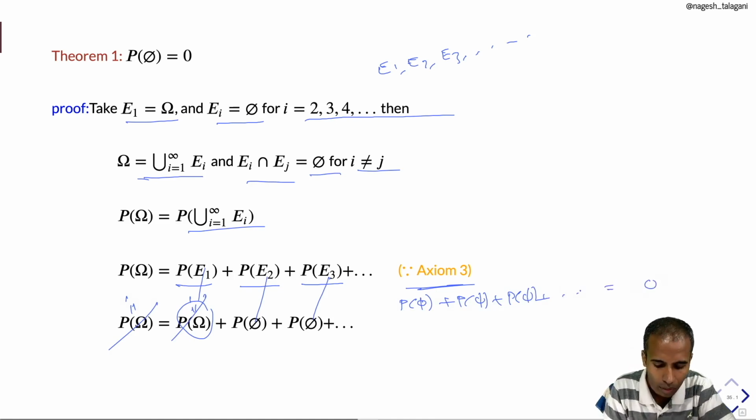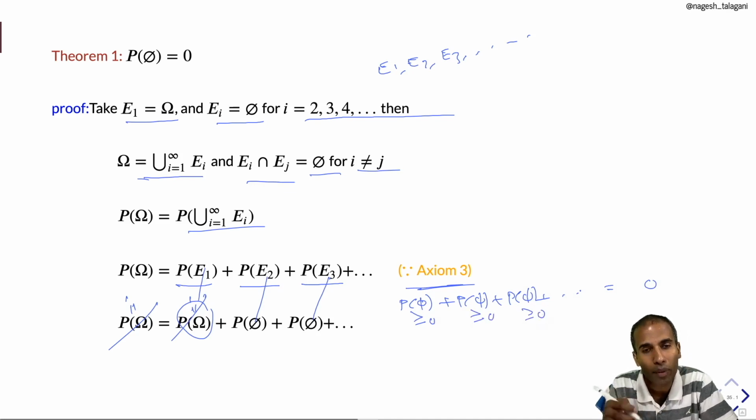Also, from axiom 1, the probabilities are always non-negative. So this is non-negative, non-negative, non-negative, and so on. A sum of non-negative terms equal to 0 means each term must be 0, right? That implies we must have the probability of phi equal to 0.